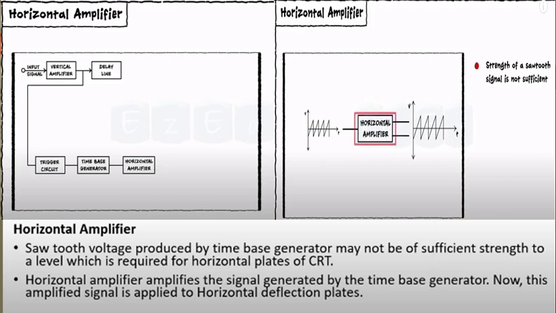The sawtooth waveform produced by the time base generator may not be of sufficient strength for the level required by the horizontal plate of the CRT. So the horizontal amplifier amplifies the signal generated by the time base generator, and this amplified signal is applied to the horizontal deflection plates, as seen in the figure. This is the sawtooth waveform generated by the time base generator, and it is amplified by this horizontal amplifier.